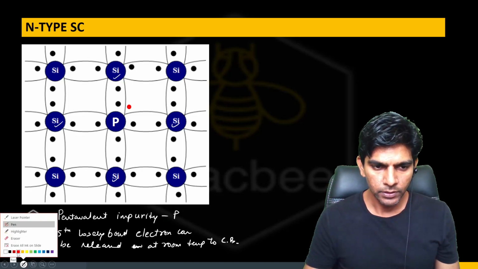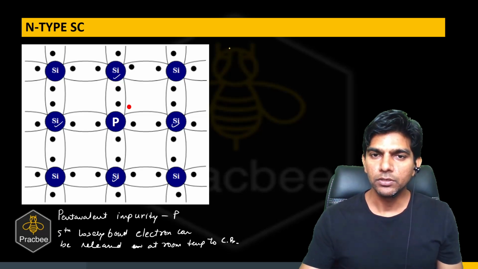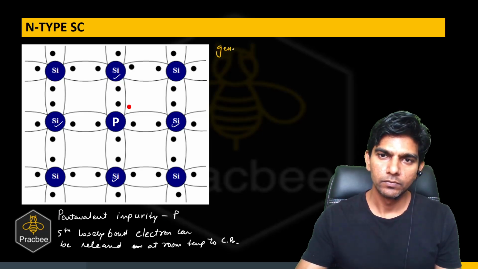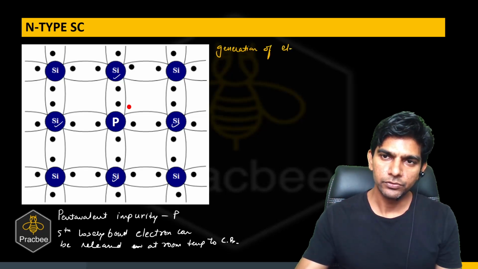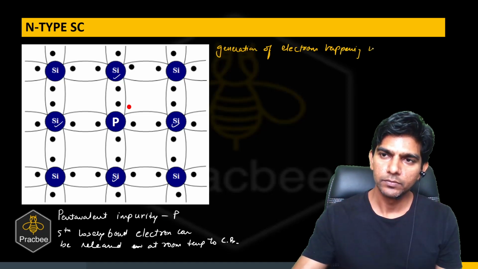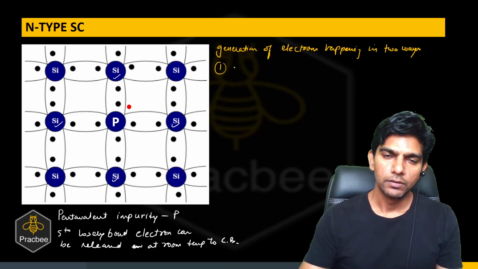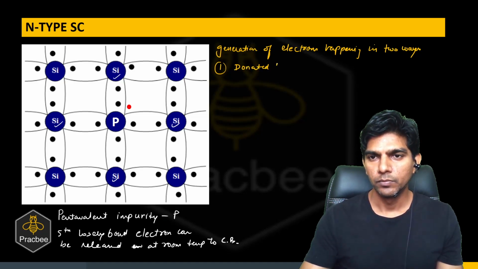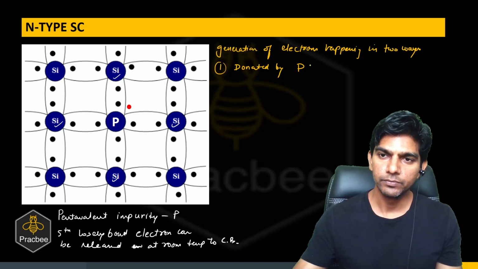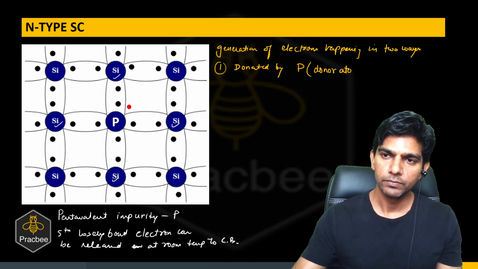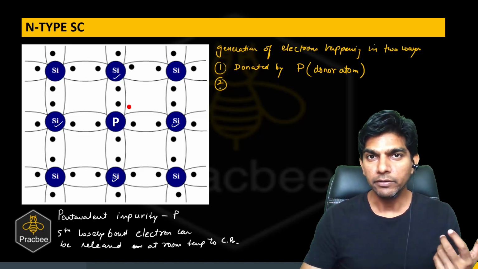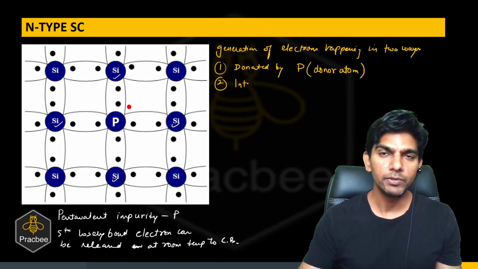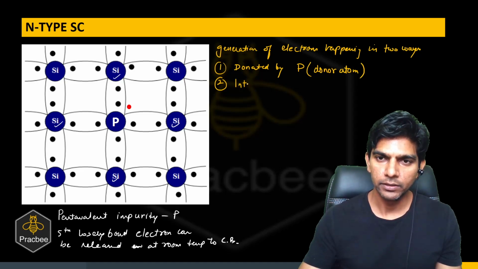Now, the generation of electrons is happening in two ways. First, some of the electrons will be donated by the phosphorus, which is our donor atom. And second, intrinsically, right? When a bond breaks, we will have some free electrons which move to the conduction band.